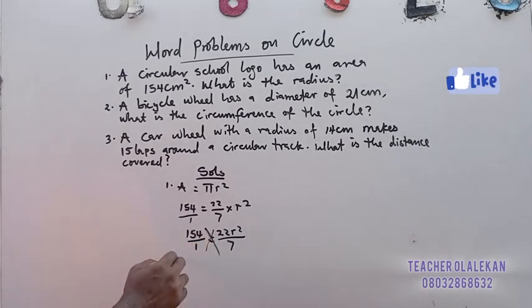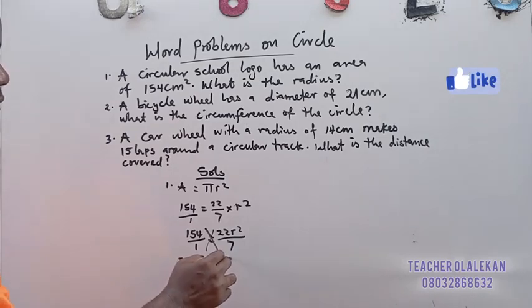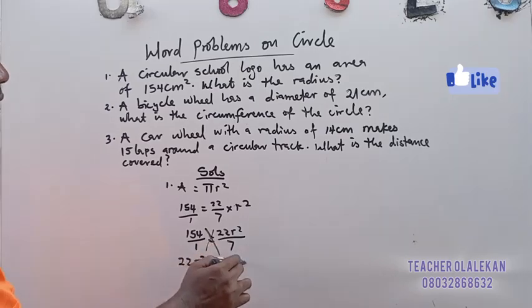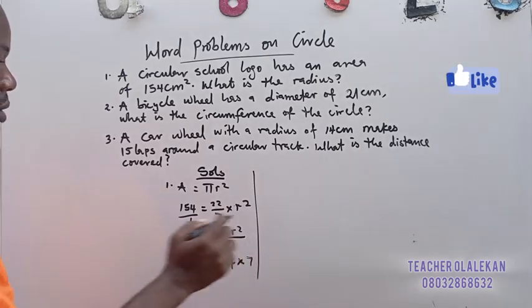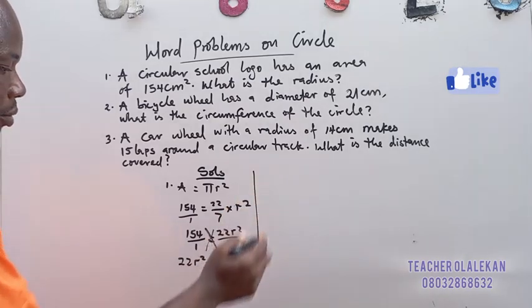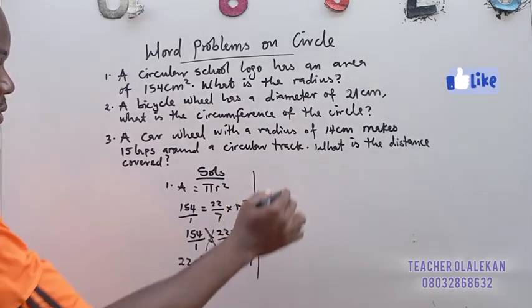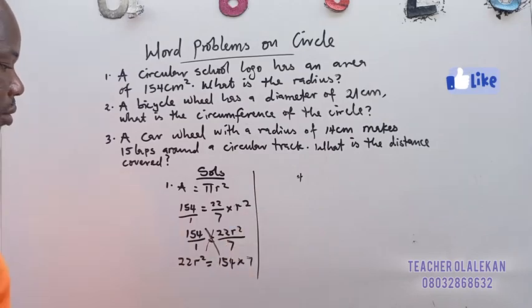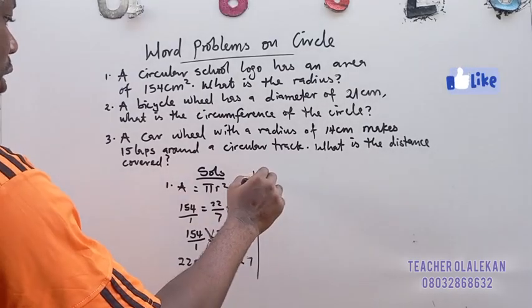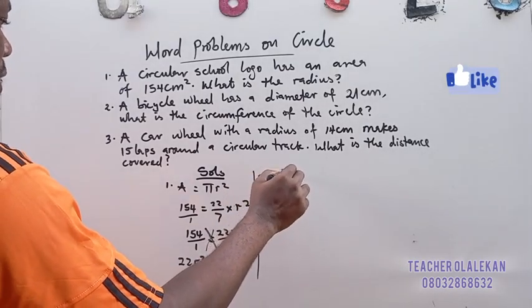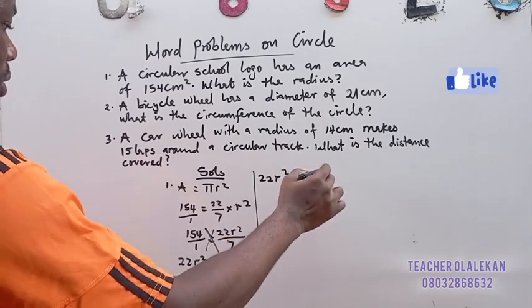So that becomes 22 radius square is equal to 154 times 7. So that becomes 22 radius square is equal to 1078.